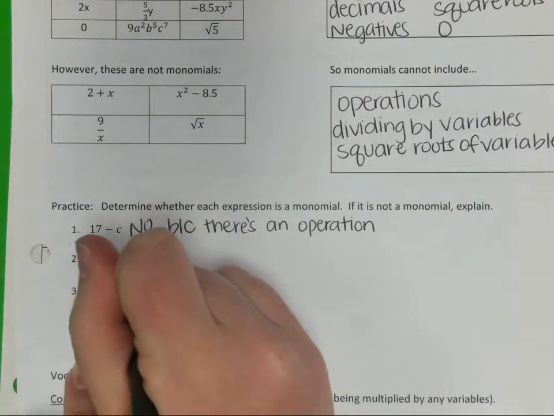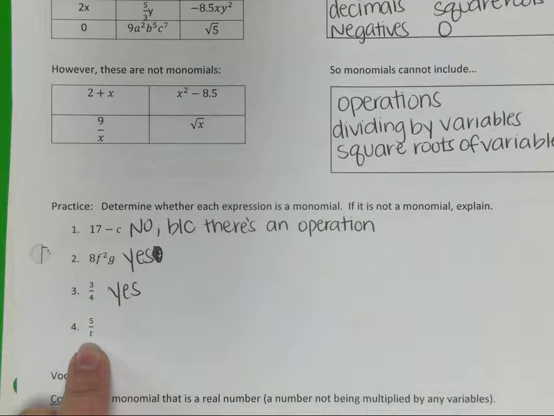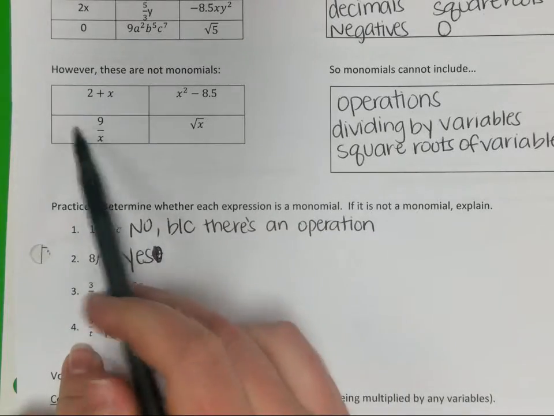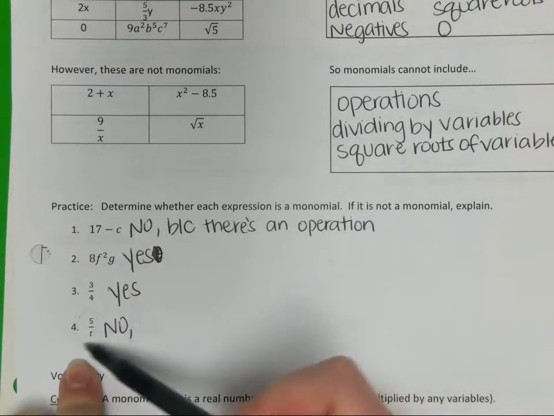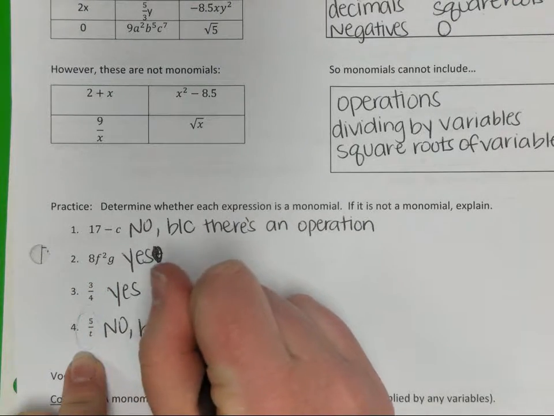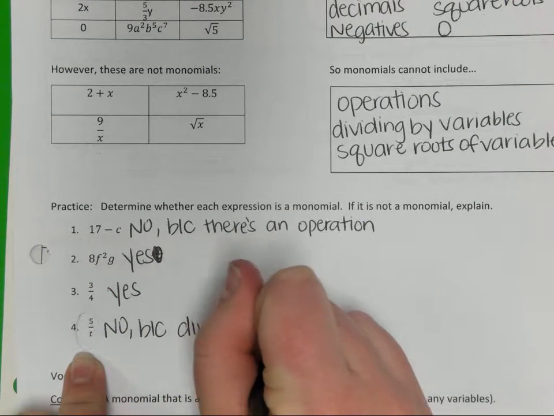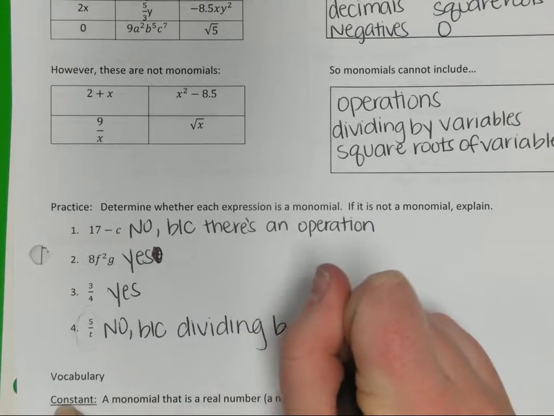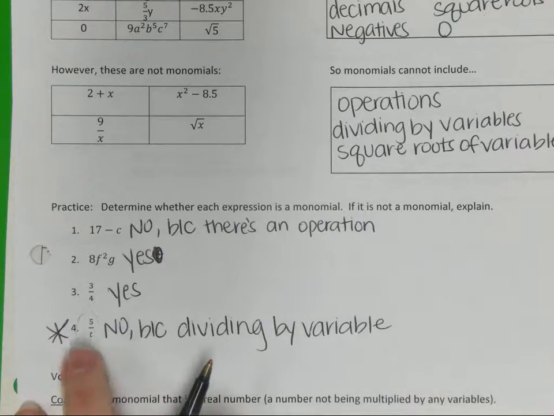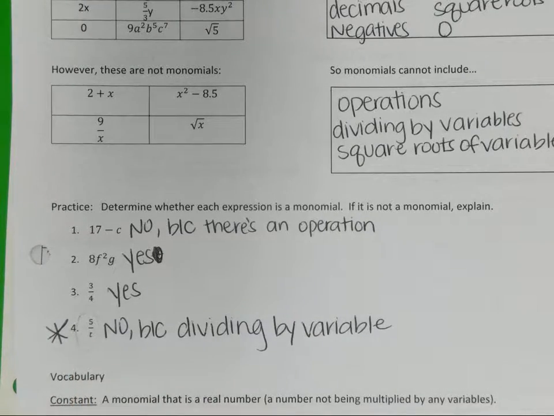Yes. The next one's what? No, we cannot divide by variables. 9 divided by x, 5 divided by t. No, because it's dividing by a variable. Okay, be careful on this one. This is the one that gets most people.